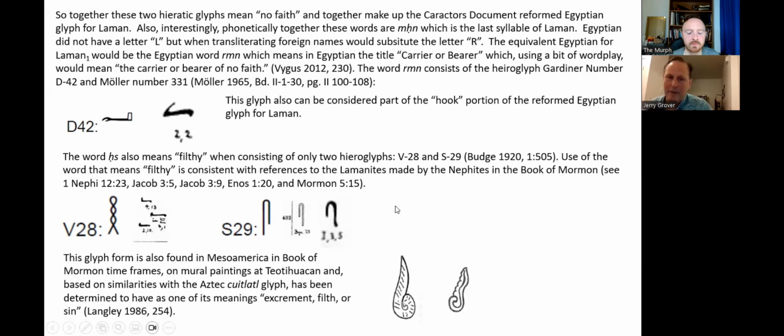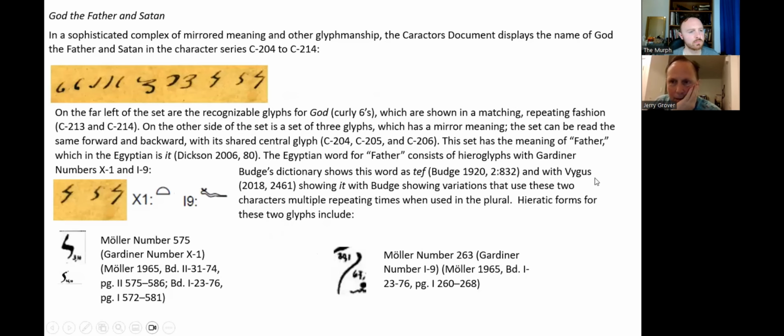And kind of interestingly, in Mesoamerica, this glyph form of the hook is found in Teotihuacan, and it means excrement, filth, and sin. So I actually think there's a Mesoamerican example of it that has the same meaning as the Egyptian, or close to the Egyptian.